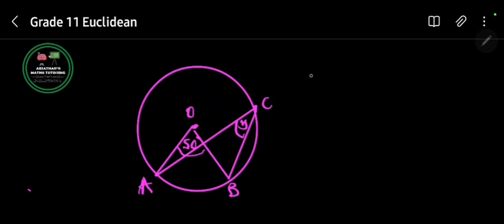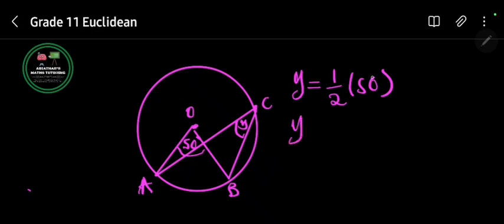What do we mean by that? Our angle at the center is 50, so the one at the circumference is half of 50 degrees, and half of 50 degrees is 25 degrees.